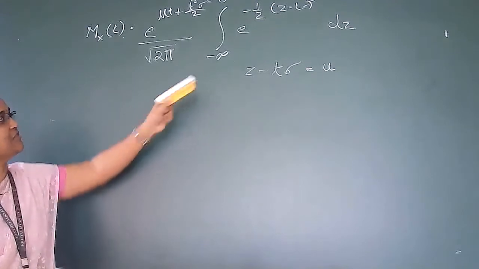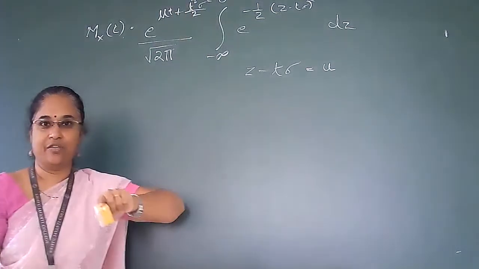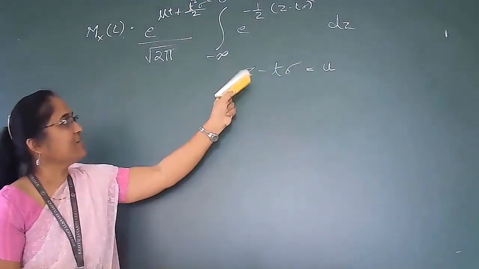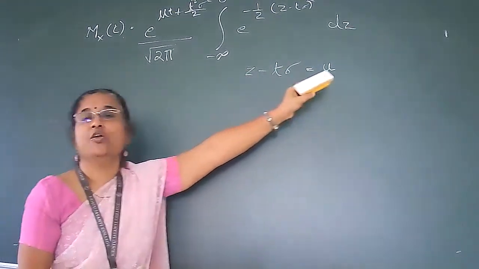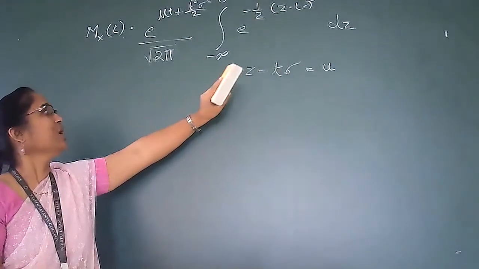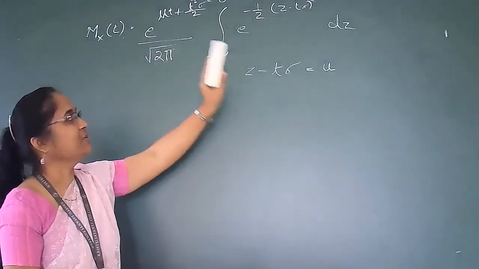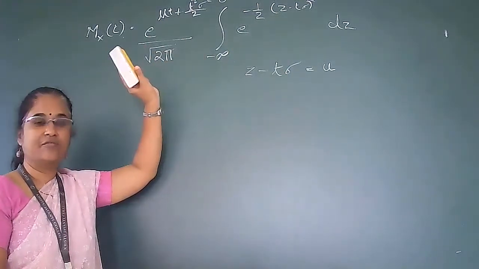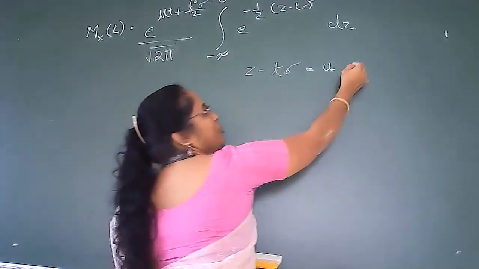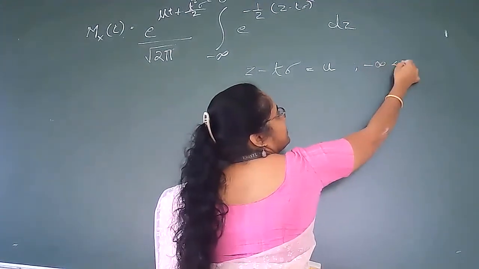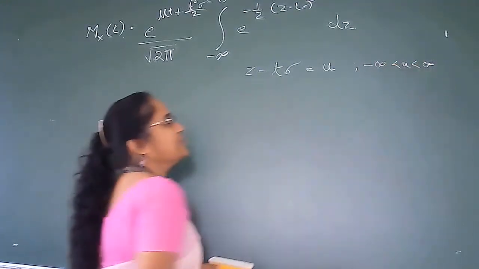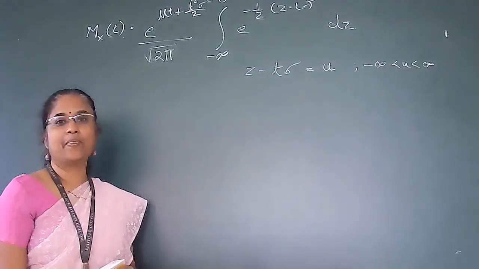Now if z is from minus infinity to plus infinity, u also will be. Whenever z takes the value minus infinity, u will take the value minus infinity. Whenever z takes the value plus infinity, u will take the value plus infinity. So the range of u also happens to be from minus infinity to plus infinity.